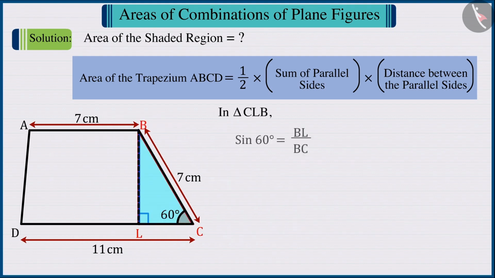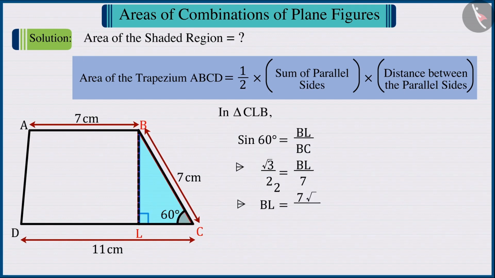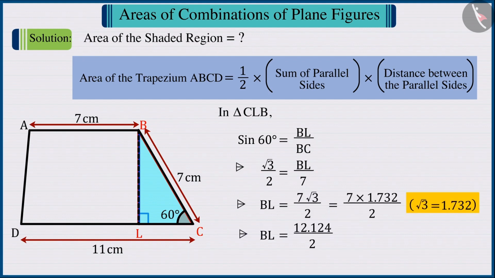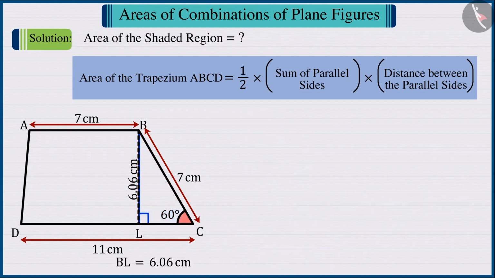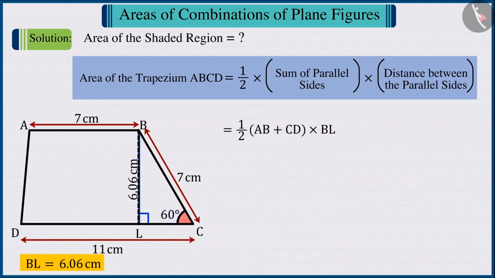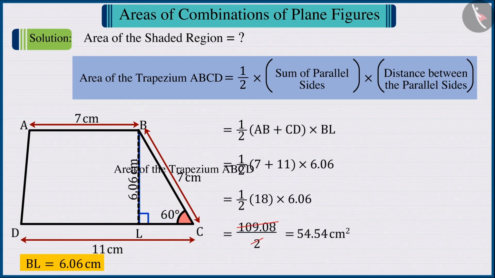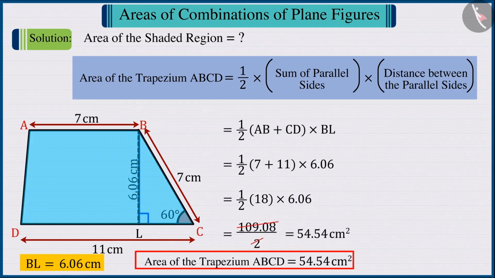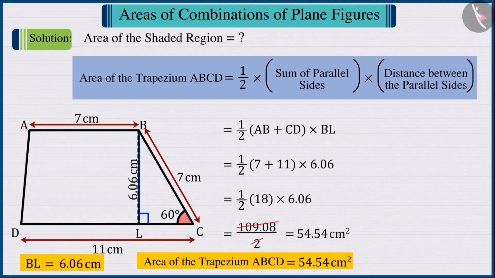Hence, the height of the triangle CLB and the trapezium, that is, the measure of BL is obtained as 6.06 centimeters. Hence, substituting the values of AB, CD and BL in the formula for the area of a trapezium and solving, we can find the area of trapezium ABCD, which is 54.54 square centimeters.